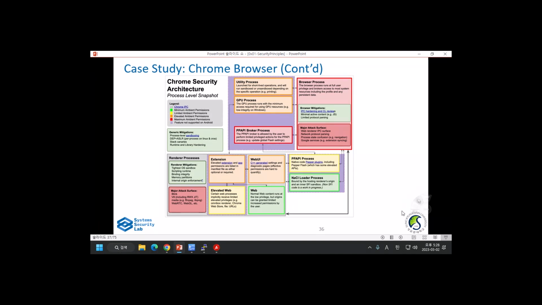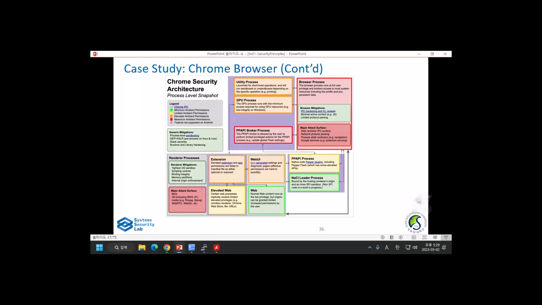So this is the general design of the Chrome browser. As you can see, everything is separated according to their task, and everything has a very strict data flow. So complete mediation, least privilege, separation of power.